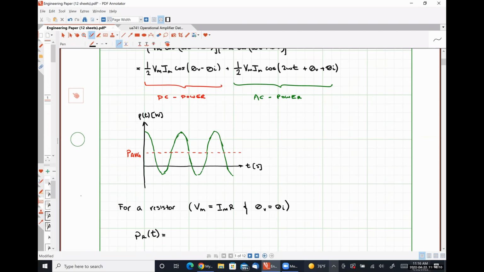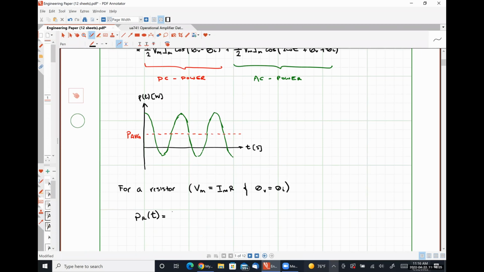But with a little bit of algebraic manipulation, we can see that Im is simply Vm over R. So if we express Im as Vm over R, that's going to give us 1/2 Vm squared divided by the resistor value. Now we're looking at this portion right here, cosine of theta V minus theta I. Well, since theta V and theta I are equal, what's the cosine of 0? It's just 1.